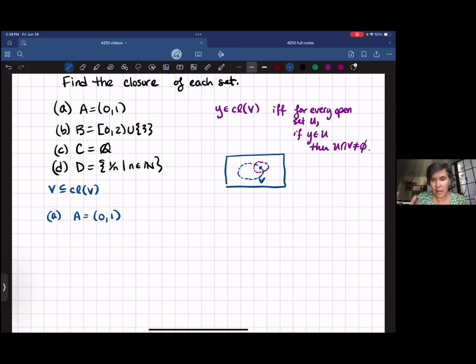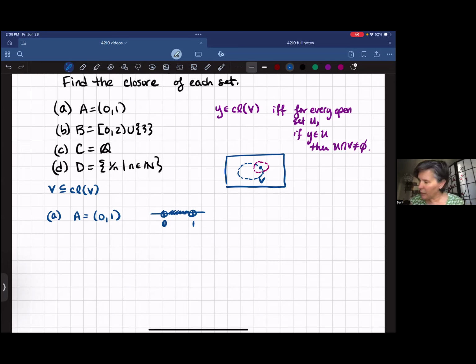Or maybe it stays the same, who knows? But generally it'll either stay the same or have more stuff added to it. So if I think about A goes from 0 to 1, all of the points that are in A already are definitely in the closure. So now let's just think about the endpoints and then the points below 0 and the points above 1.